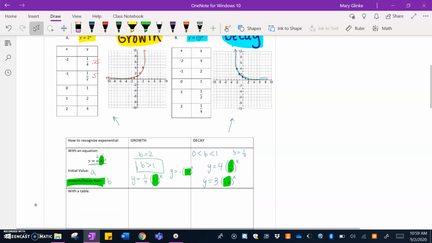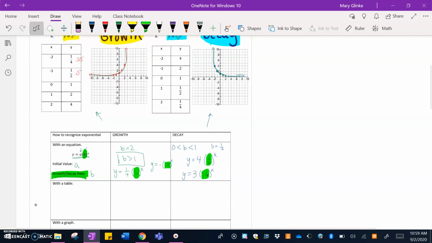You also can tell exponential growth or decay functions based off of the tables. So looking back at these ones, we're going to look at the tables and how they're changing, specifically the y values. Looking at our first one, our y values here are multiplying by 2. Our y values are doubling over time.